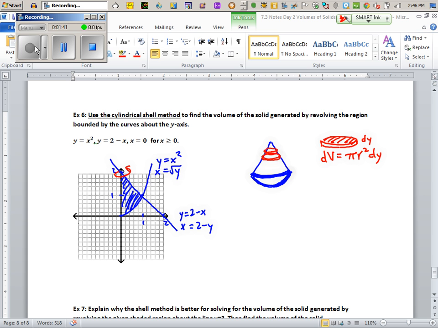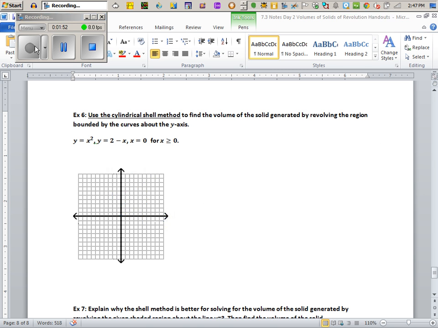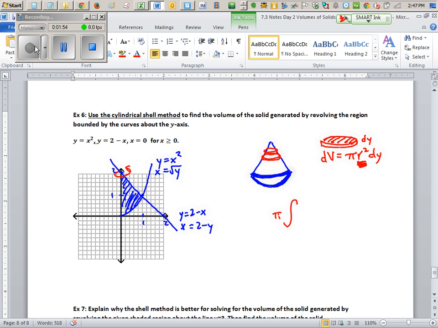Alright, and then you would integrate those. Now before you can do that, you need your r to be in terms of y. Okay, so you're going to try and integrate, but you got to be careful.